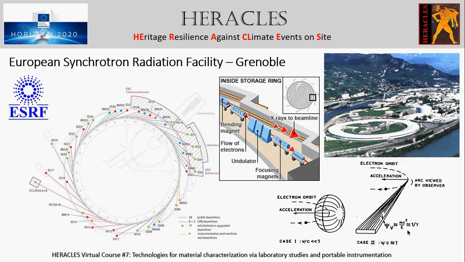In these storage rings, they are made to follow circular trajectories, and through the insertion devices located in certain points of this storage ring, the electrons traveling at relativistic speeds emit collimated X-rays of high brilliance when they change direction.